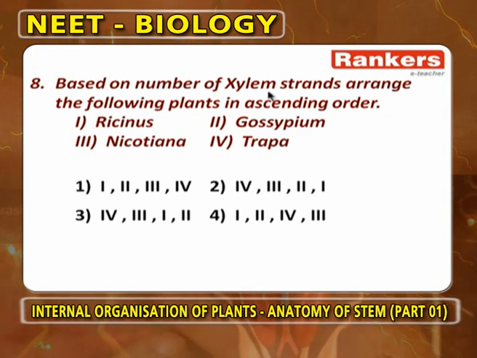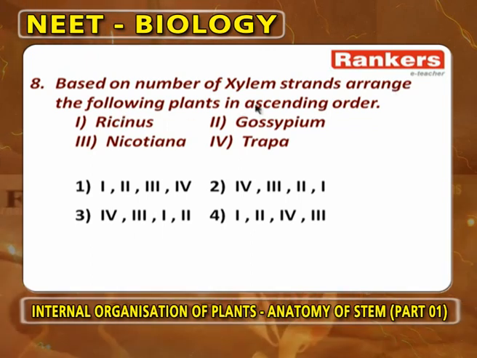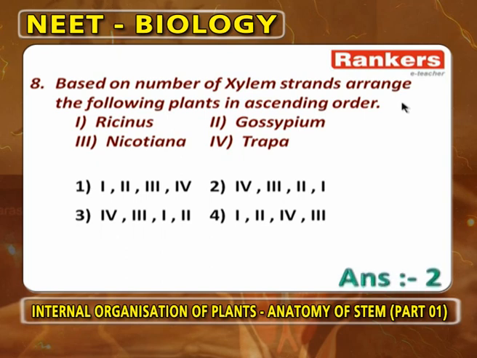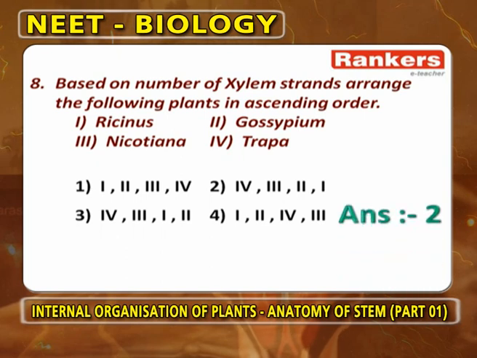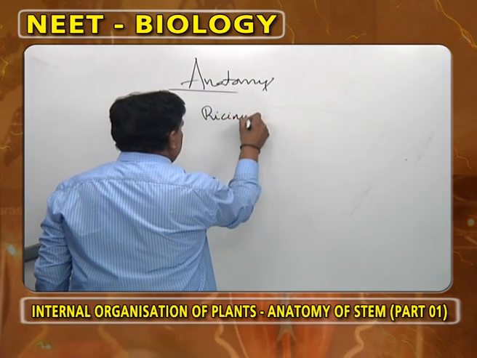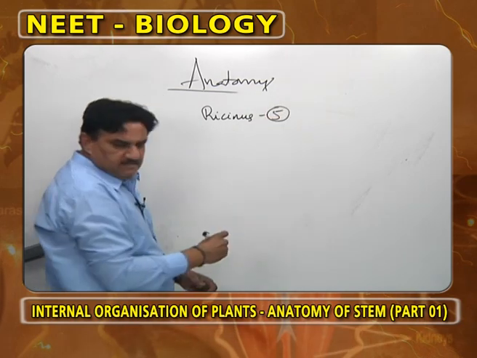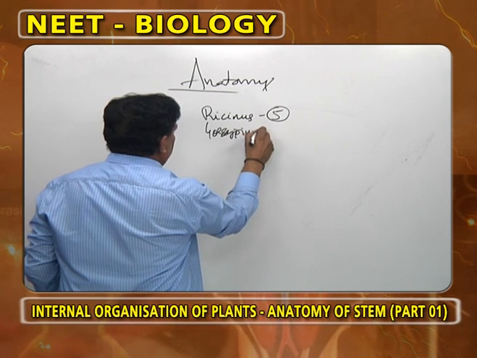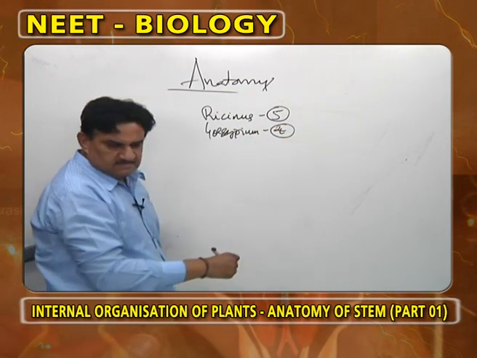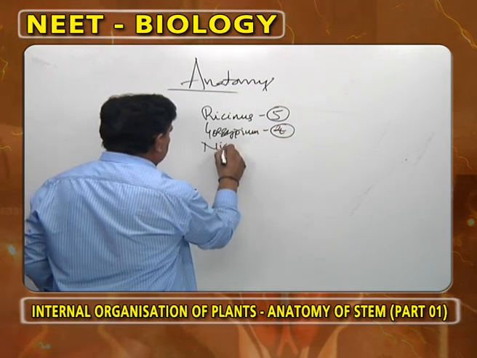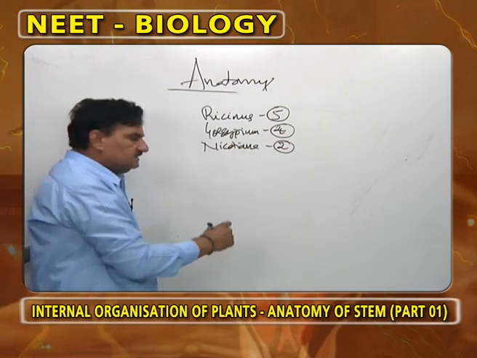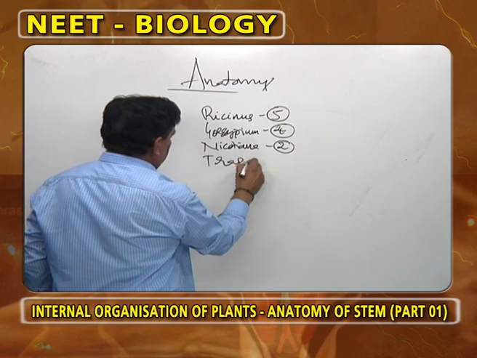Based on the number of xylem strands, arrange the following plants in ascending order. Ricinus has 5 strands, pentarch and exarch. Gossypium has 4 strands. Nicotiana has 2, and Trapa has 1.